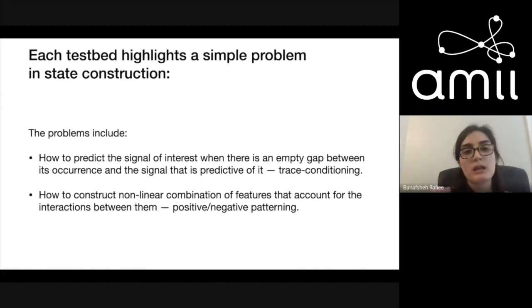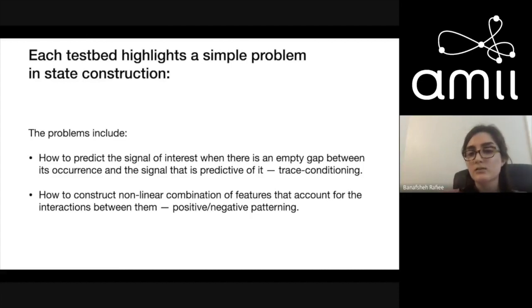So now that we have some understanding of what we mean by state construction, let's come back to the testbeds. Each testbed highlights a simple problem in state construction. The problems include how to predict a signal of interest when there is an empty gap between its occurrence and the signal that is predictive of it.